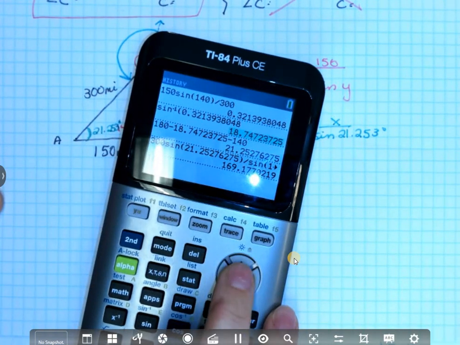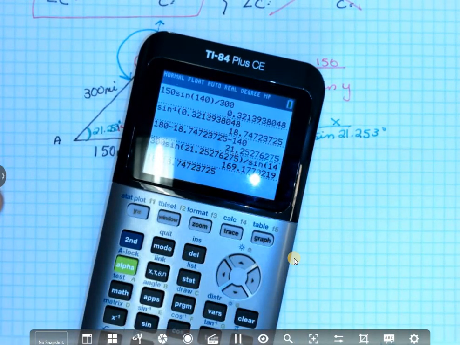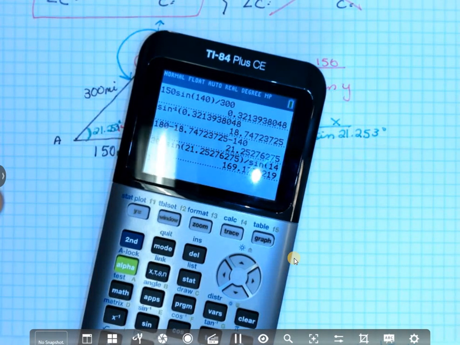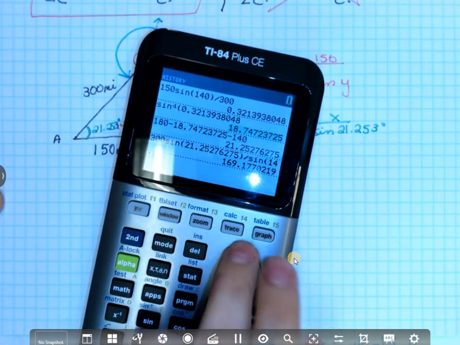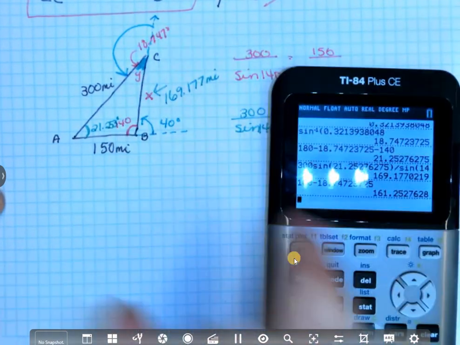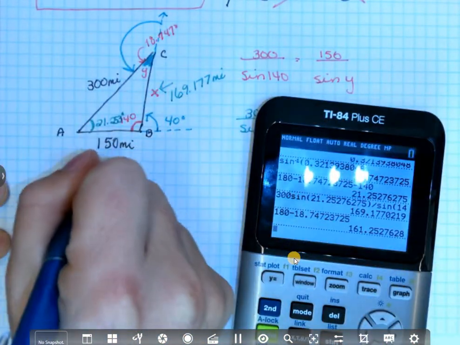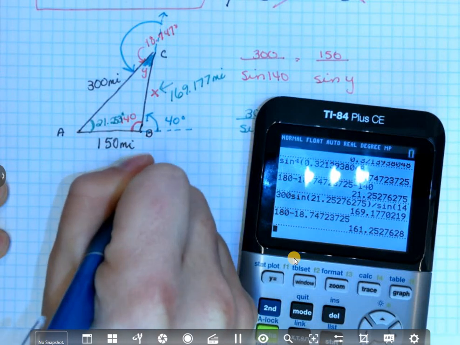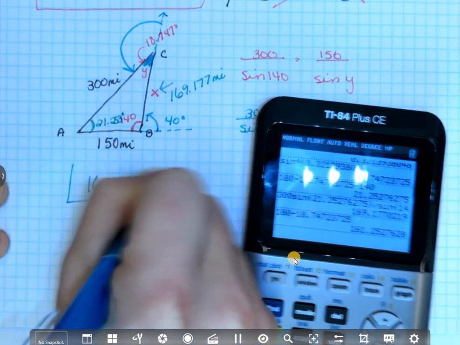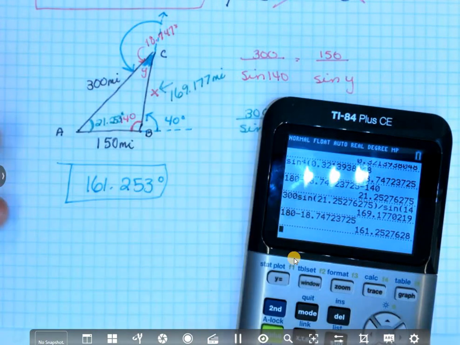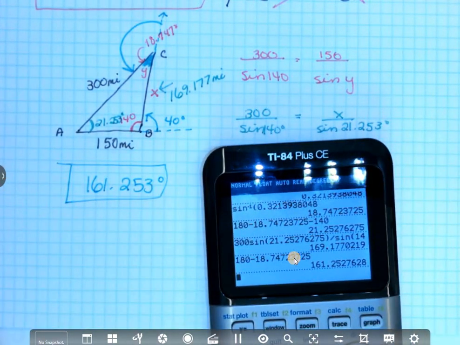I'm going to reach up to that one, grab it. No, I didn't put a minus sign. 180 minus, reach up to that guy, grab it. And so he's got to make a turn of 161 degrees. 101.253 degrees to be exact. Okay? All right, you guys good with that one?